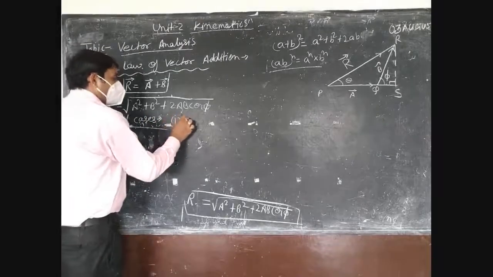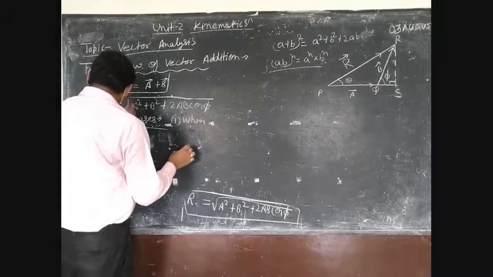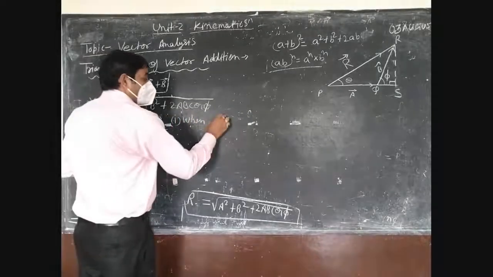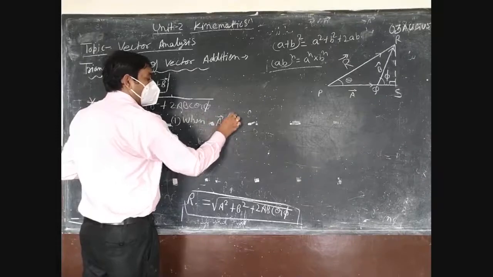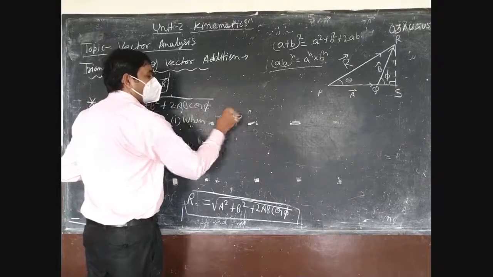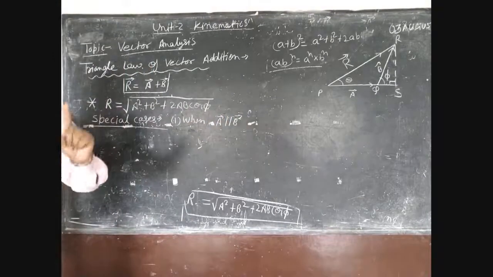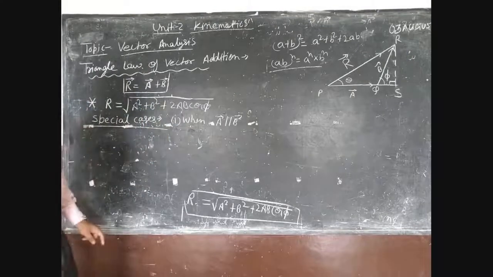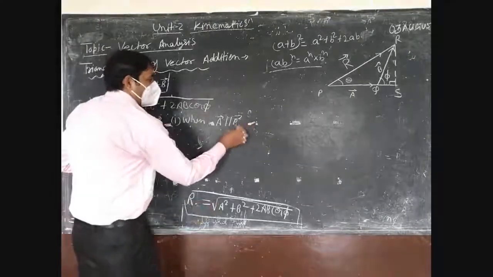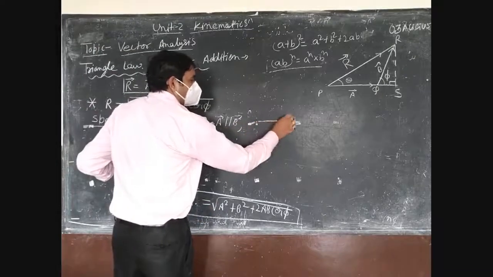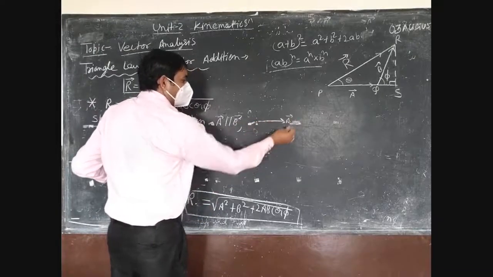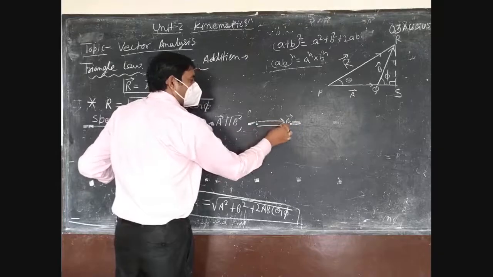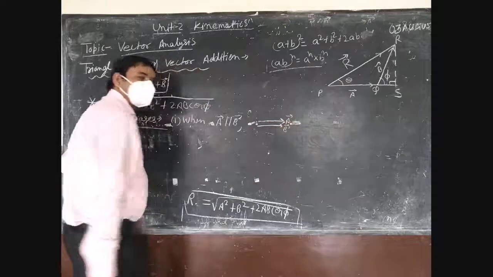First is when vector A is parallel to vector B, which means when two vectors are acting in the same direction, parallel to each other. Suppose that vector A and vector B are acting in the same direction.